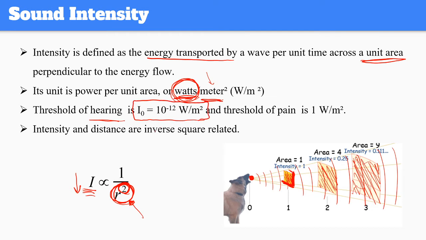It's 10 to the power of negative 12 watts per meter squared. The threshold of pain is 1 watt per meter squared. In numbers it seems it's just 1, but in reality, that's a really powerful intensity.